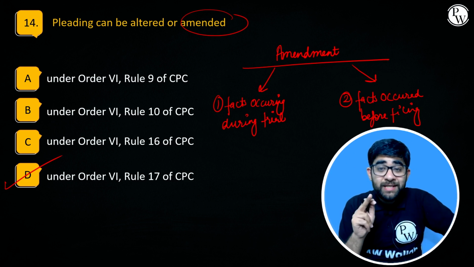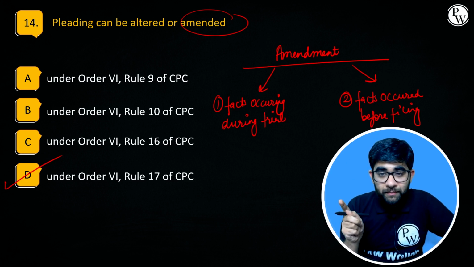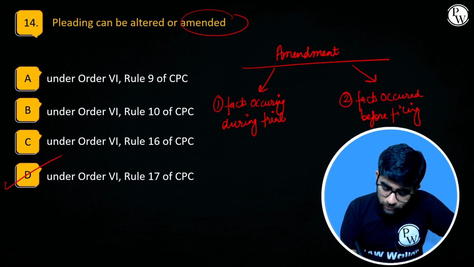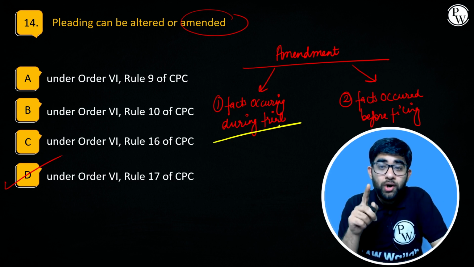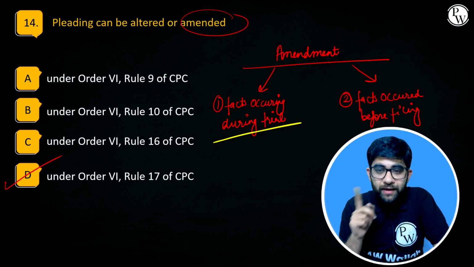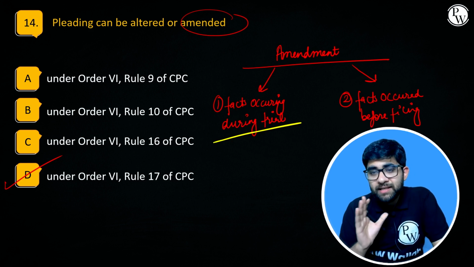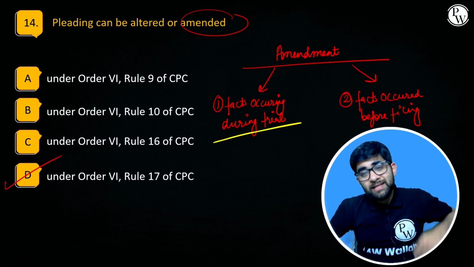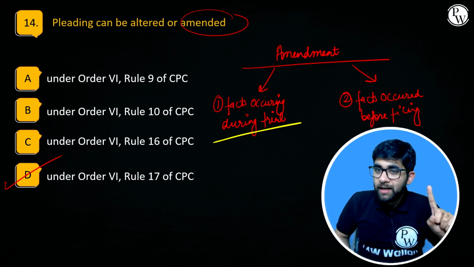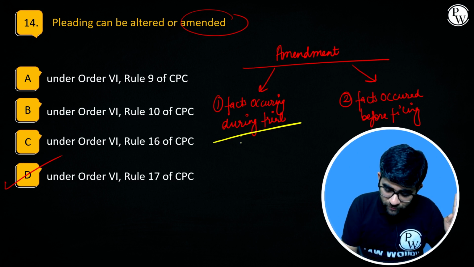Otherwise, it means you have come with malafide before this honorable court. Facts occurring during the trial will not change the nature of the trial. For example, a civil case is there and there are some fights. This can be incorporated, but it shall not change the nature.